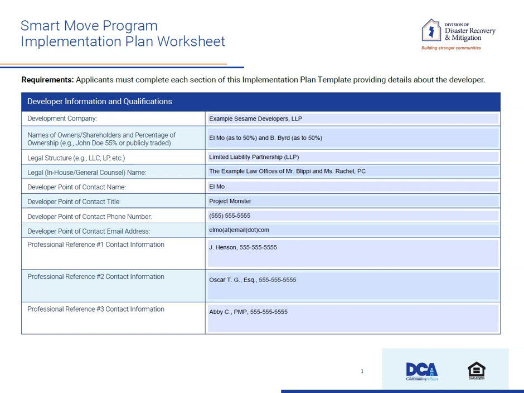For example, if the developer is currently engaged on another project in a neighboring state completing similar housing or infrastructure work, you might want to include a representative from that neighboring community as a professional reference. Keep in mind that DCA or any of its partners may contact those references during the technical scoring process.